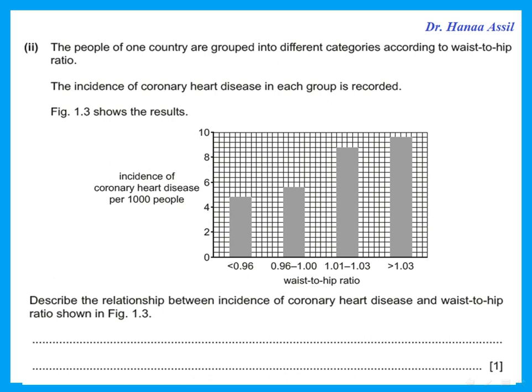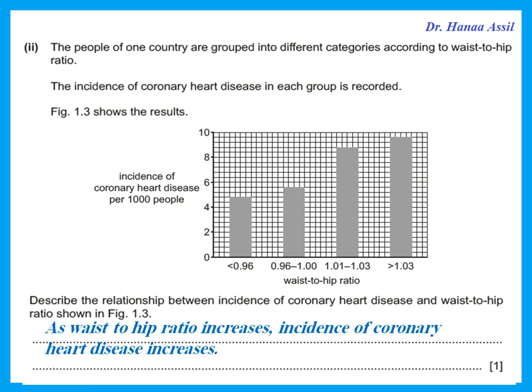Describe the relationship between, from the graph, so you're going to look at the graph, the relationship between incidence of coronary heart disease and waist to hip ratio. So obviously in the graph, what we can see is that as the waist to hip ratio increases, the incidence of coronary heart disease increases.